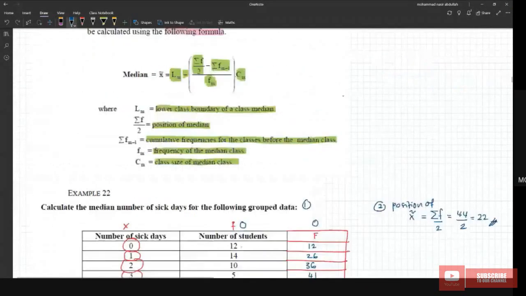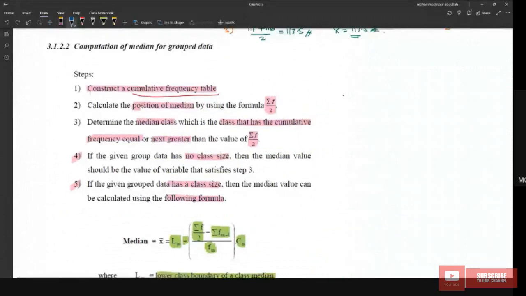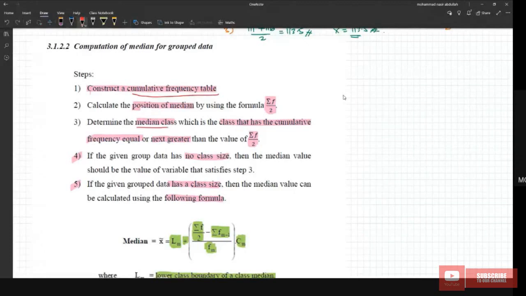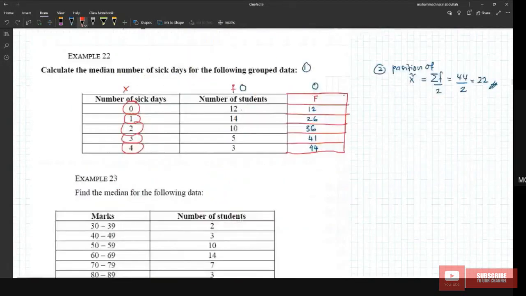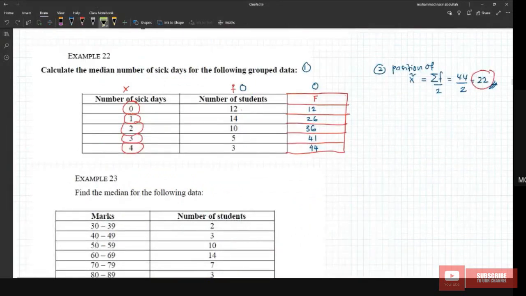Step number 3, we need to determine the median class, the class that has a cumulative frequency equal or next greater to the value of summation of f divided by 2. Summation of f divided by 2 is 22.